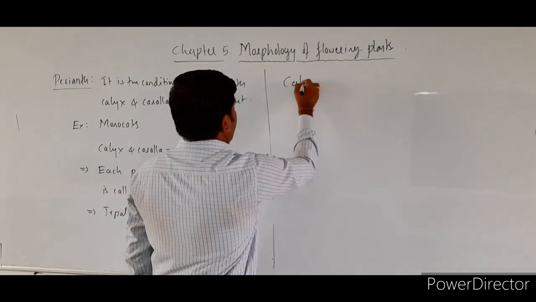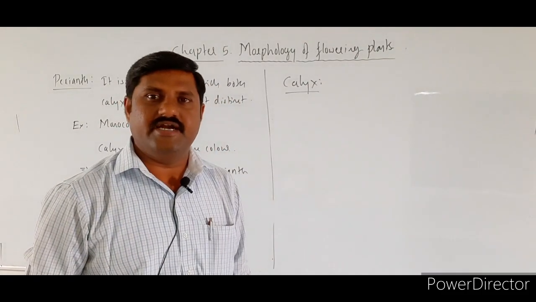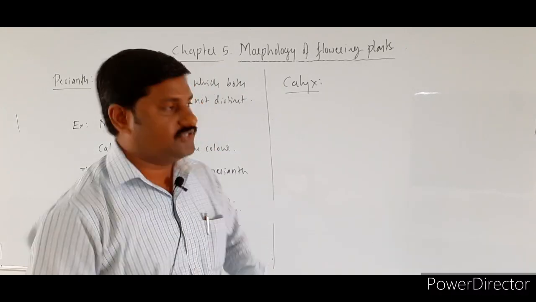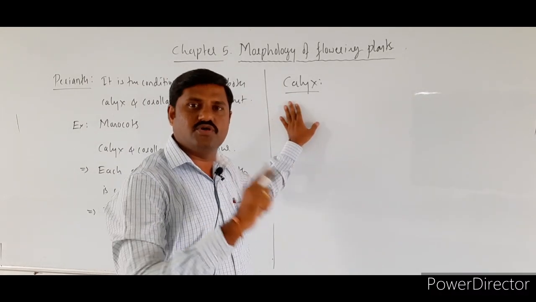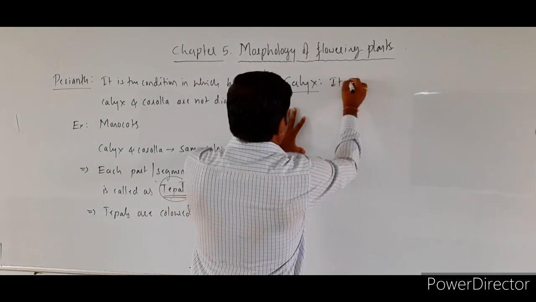So what is this calyx? I have already explained. By drawing the diagram of the flower itself, it forms the outermost whorl of the flower, right?